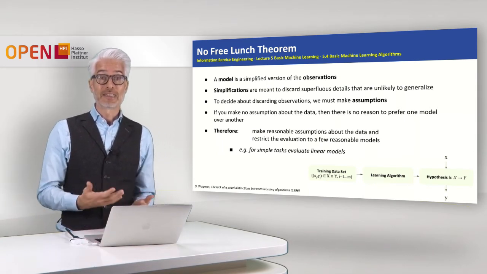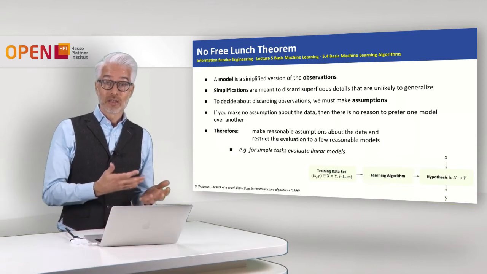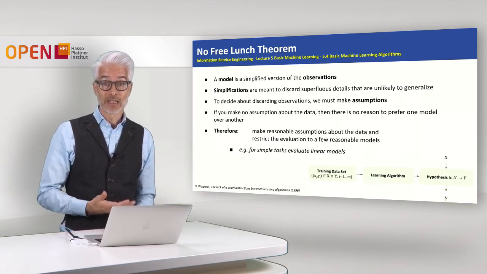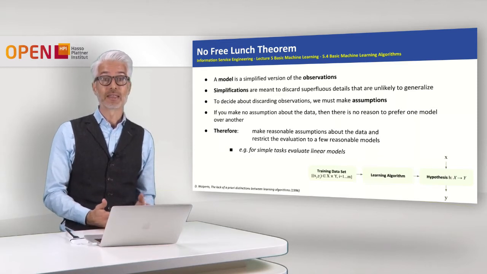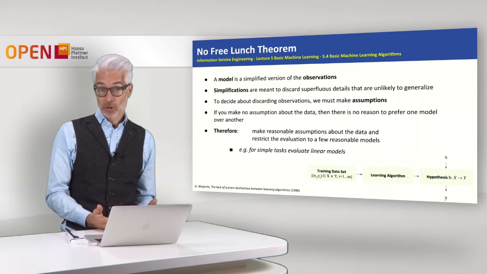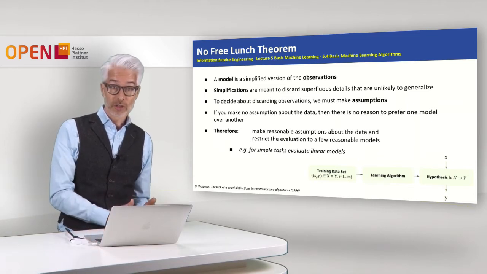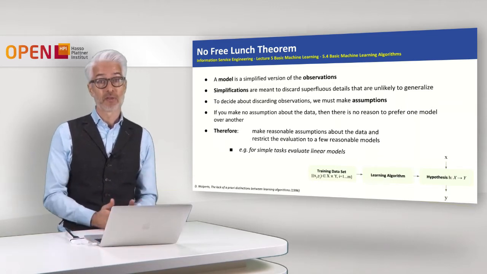But to decide which feature, which observation to discard and to neglect, you have to make assumptions. If you don't make any assumptions about the data, then there would be no reason to prefer one machine learning model above the other.